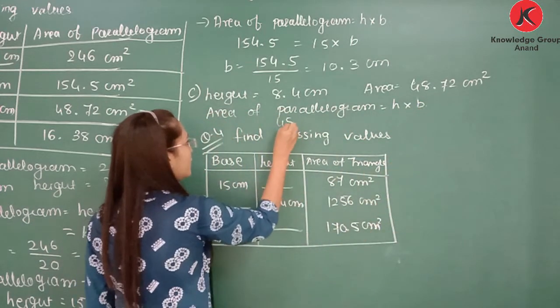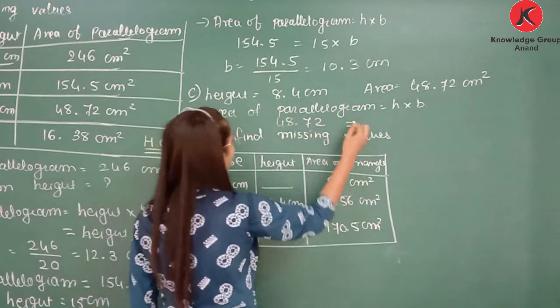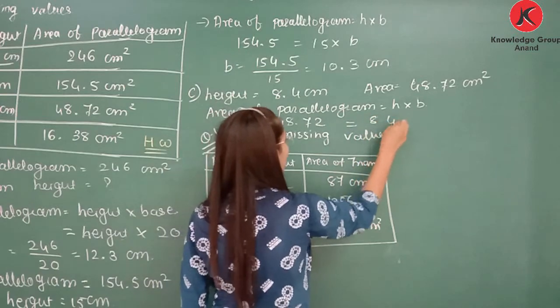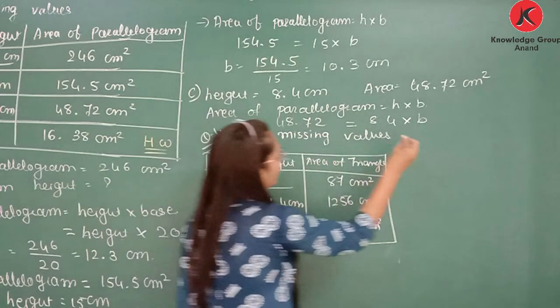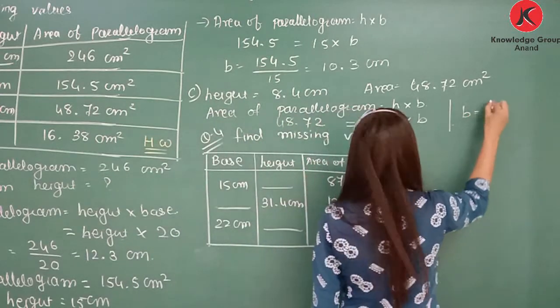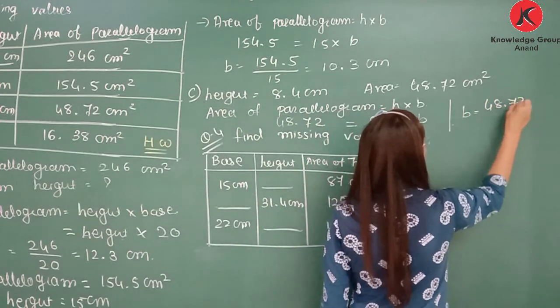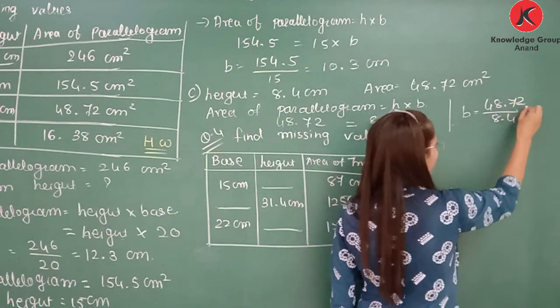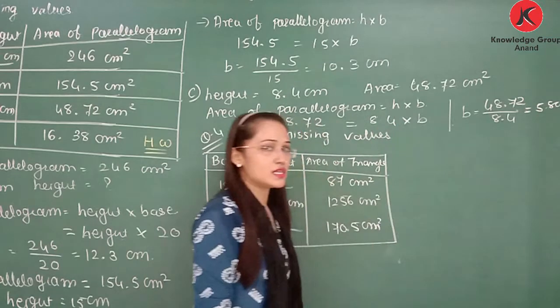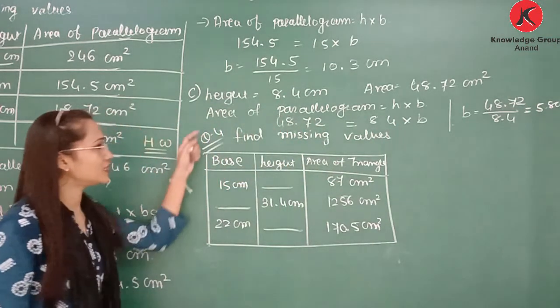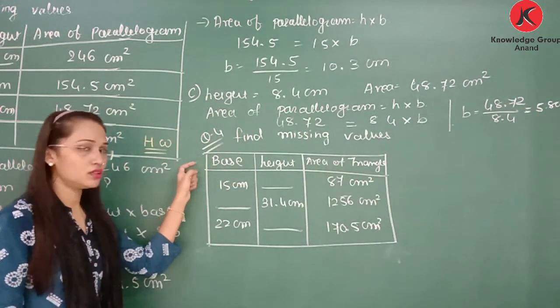Area is 48.72, height is given 8.4 and we need to find base. To find base, take 8.4 and divide. That will be 5.8 centimeters. So for the third, base is 5.8. The fourth example, D, you need to solve.